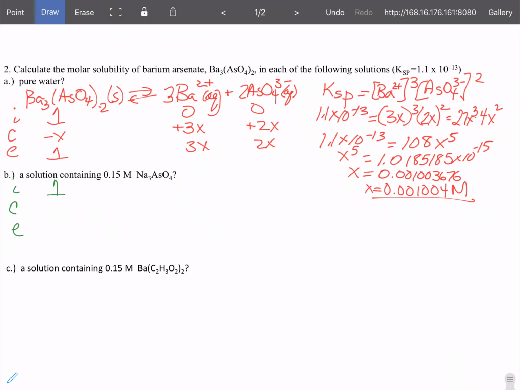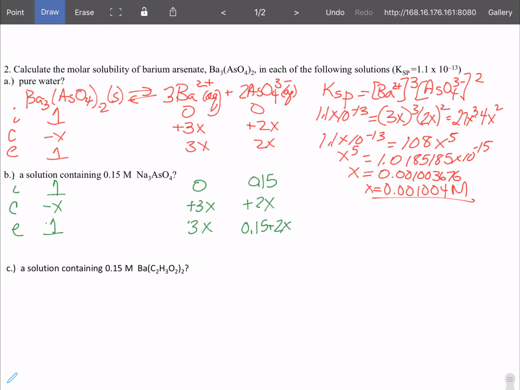The solid concentration is still 1, but now our barium is still 0, but now we have the arsenate, and it's 0.15. So minus x, still 1, plus 3x, 3x in the end, minus plus 2x is 0.15 plus 2x.